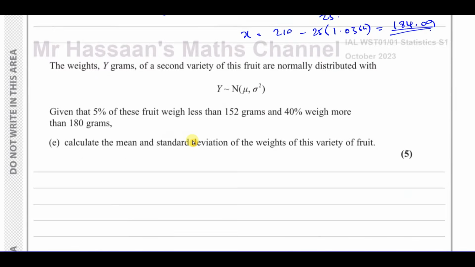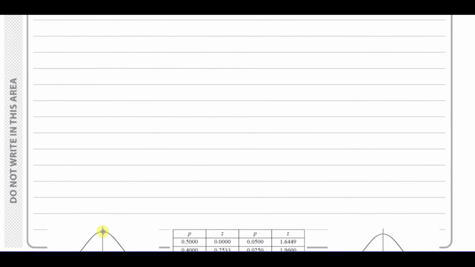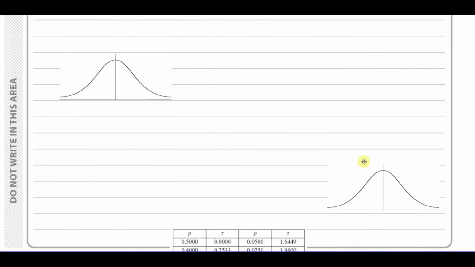Now for part E, it says the weights y grams of a second variety of this fruit are normally distributed with a mean of mu and a standard deviation of sigma, which we don't know. Given that 5% of these fruit weigh less than 152 grams and 40% weigh more than 180 grams, calculate the mean and standard deviation of the weights of this variety of fruit. Now this is a very standard type of question you'll find in lots of past papers and in the books, and I've got some things here to help us.